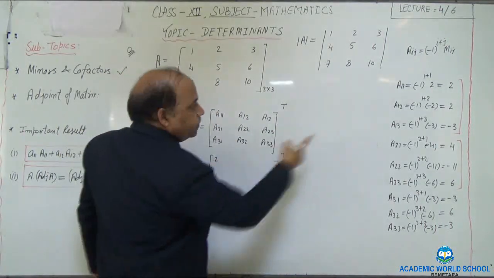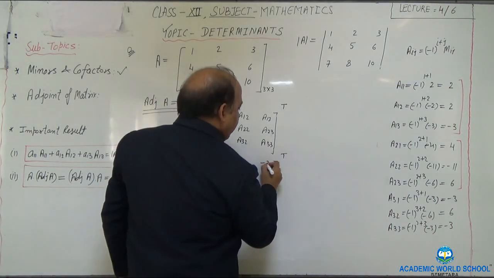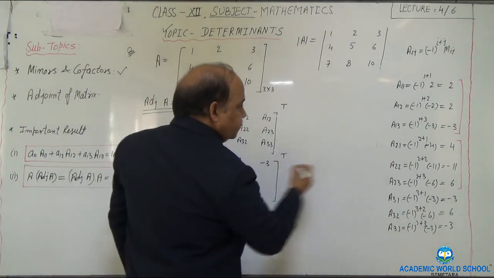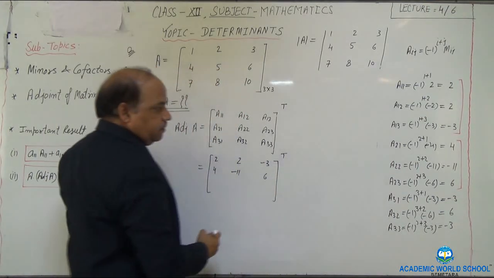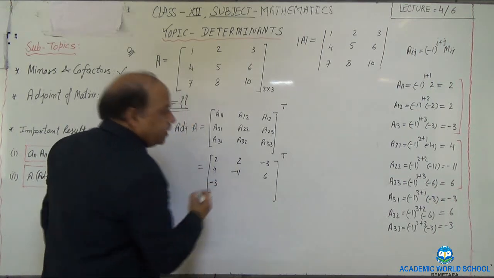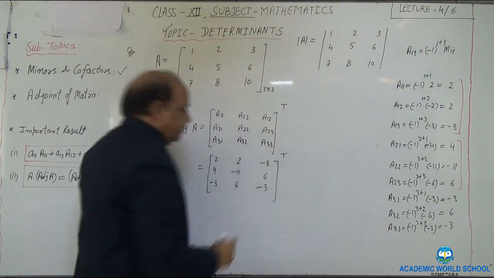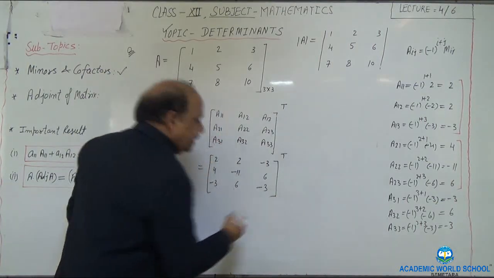A11 is 2, then A12 is also 2, then minus 3, this is 4, then comes minus 11, then comes 6, next is minus 3, then 6, and then again minus 3.